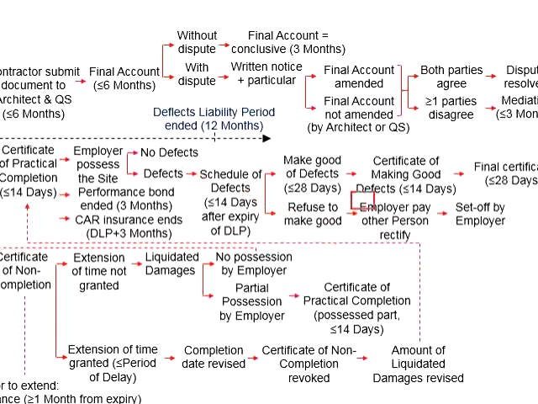The employer can pay other persons to do the rectification work. The cost will be set off against the contractor, and this is only valid when the relevant defects are found within the defect liability period, not later than 14 days after the expiry of this defect liability period.